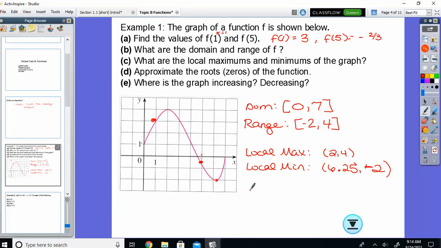Okay, D, the roots or the zeros. What is a zero? Where it hits the axis. So this one hits the axis at approximately 4.7.